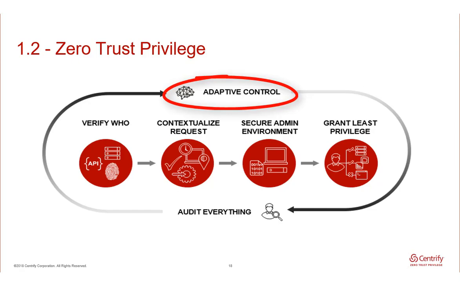We have verified the identity, contextualized the request, provided the secure environment, granted least privilege, and audited that information. But what happens if the user uses a different system outside of the infrastructure? The adaptive control gives us the ability to compare that information versus past information and apply policies accordingly.